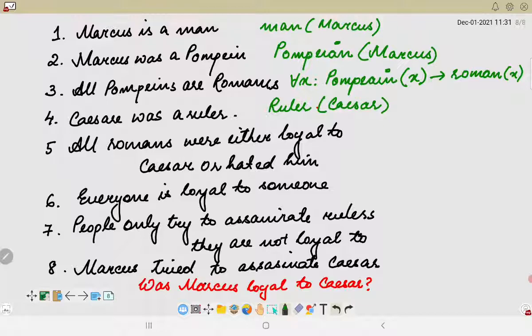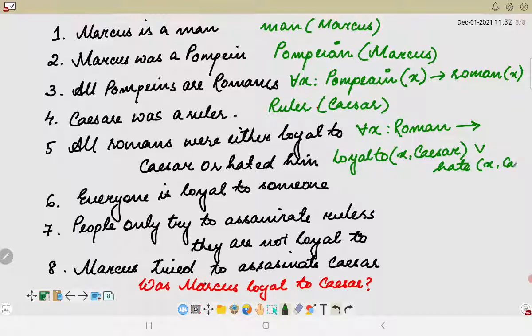Now the fifth important representation is that all Romans were either loyal to Caesar or hated him. So for all Romans, that means for all x, if x is a Roman, then x would be loyal to Caesar, or x would hate Caesar. So this we can represent in this particular way.